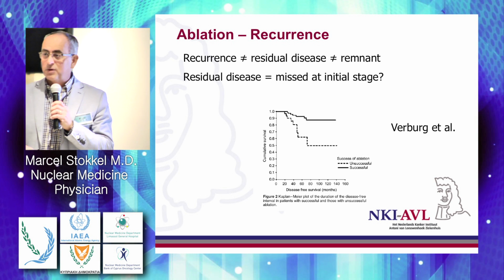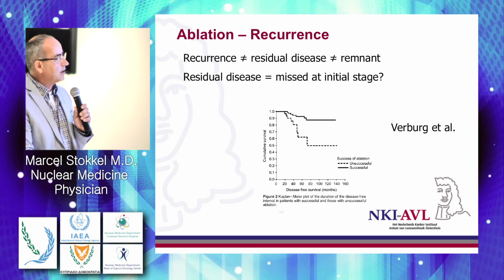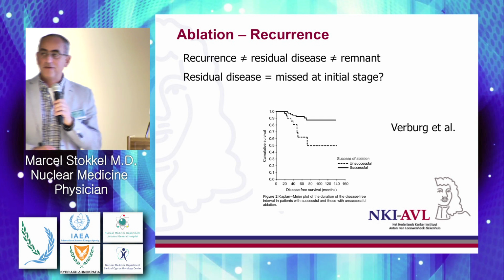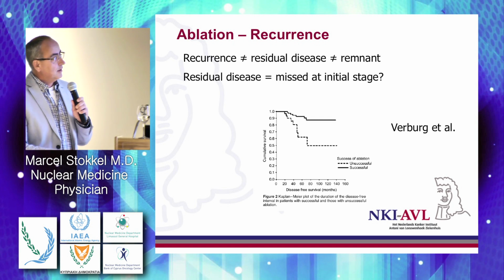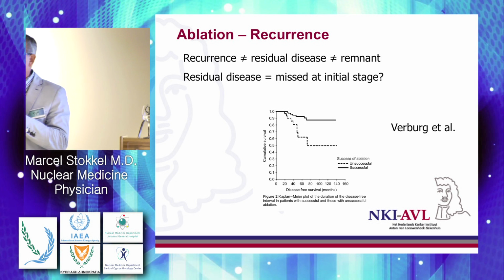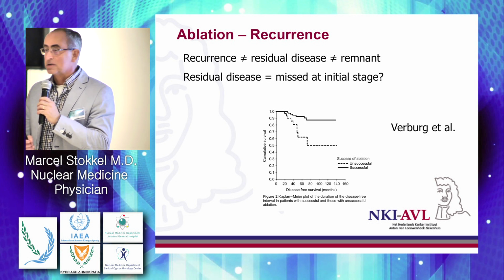And then I'm going back to my first slide. Why do these patients have a much poorer outcome? In my opinion, and I had a discussion with Erik Verburg, this group comprised patients who had residual disease at the time point of ablation. And that means that when you go through follow-up, the uptake of radioiodine was less optimal.